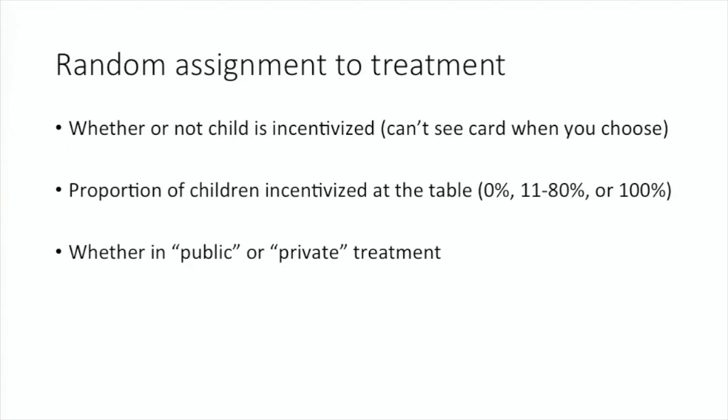And finally, we have a public and a private treatment. So in all treatments, I know whether my friends are choosing grapes or cookies. But in the public treatment, you play the cards face up. So I can also see whether there's a gold token on your grape card. And in the private treatment, I play my cards face down. So I can see whether I'm playing that blue cookie card or the green grape card.